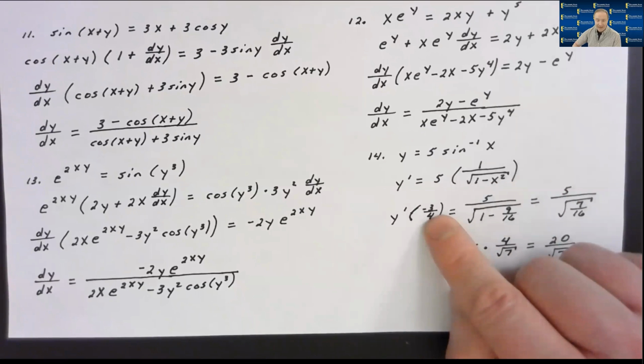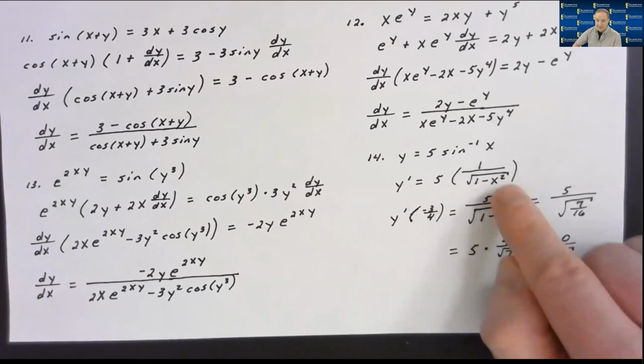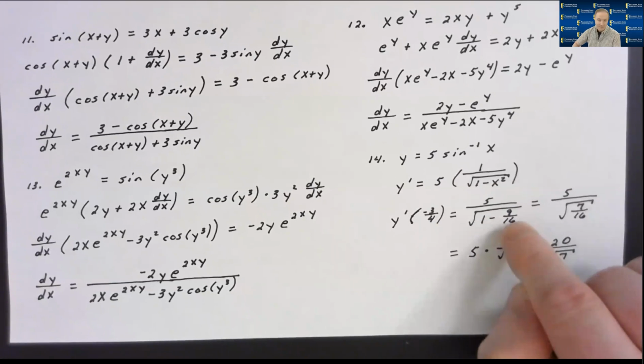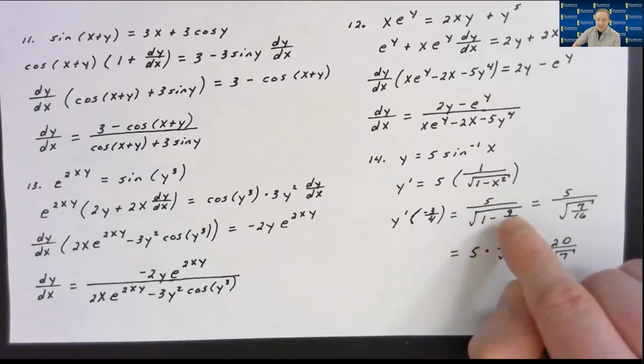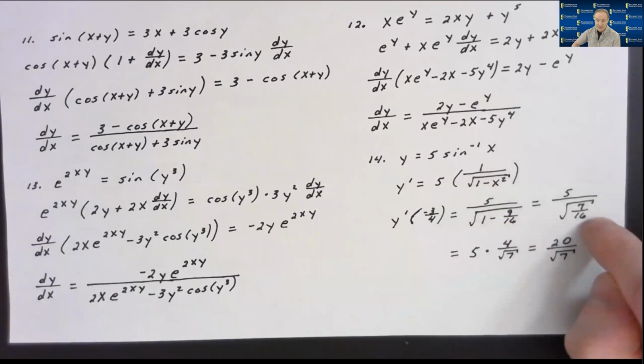Negative 3 over 4 squared is going to be a positive 9 over 16, but remember, it's still being subtracted. That's why I have 5 over the square root of 1 minus 9/16. In my head, I thought, that's 16 over 16 minus 9 over 16, which gives me the root of 7 over 16.